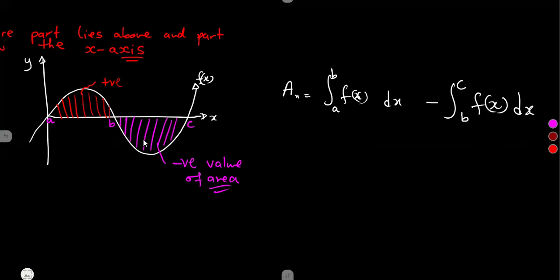Some people take these as A and B, then from here they use C and D. It is the same thing, where B is simply representing the same point as C. Depends on your understanding. But this is what you're supposed to have. So this is negative in value. This is positive in value. You're supposed to remember that. It's a condition you have when one part is above and another one is below.